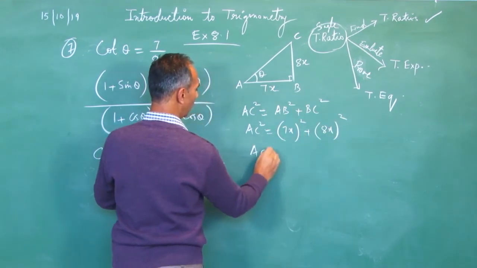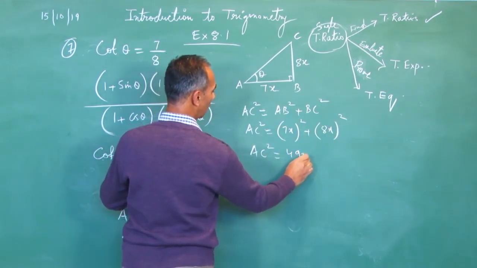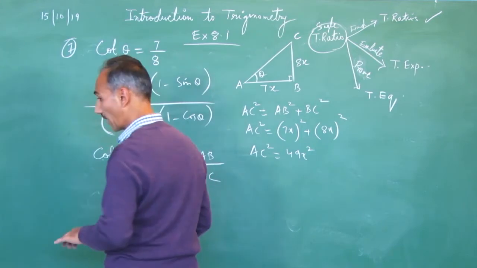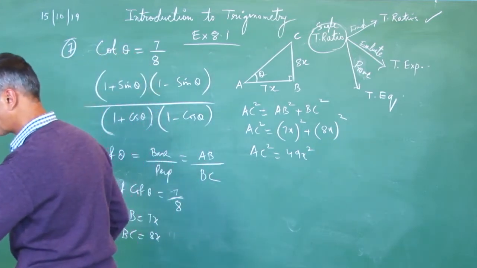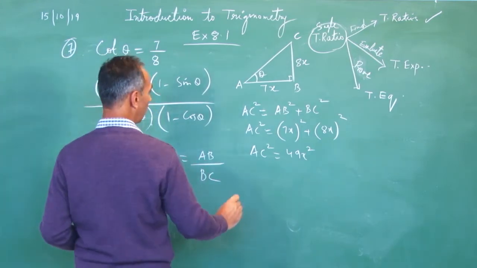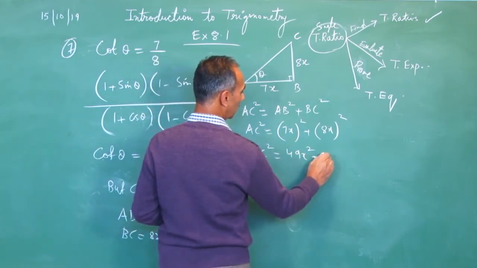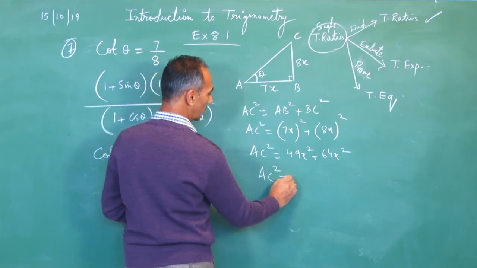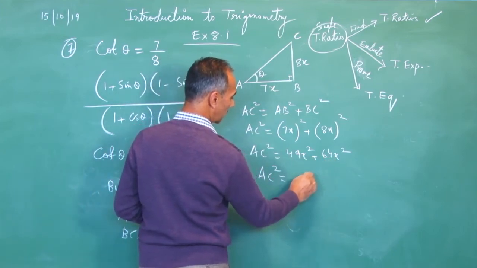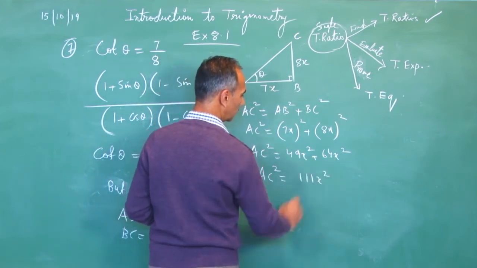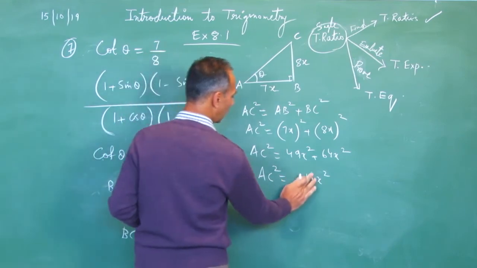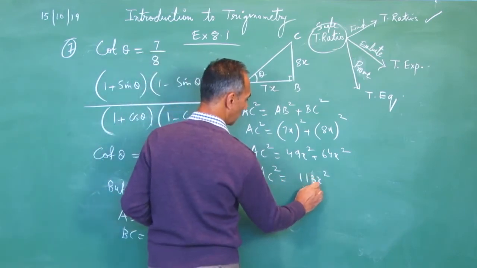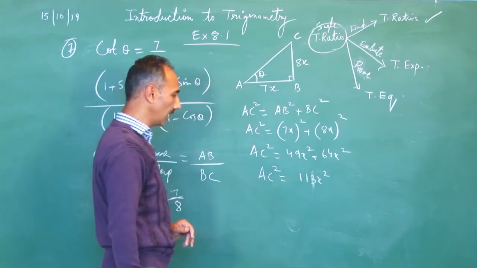Now AC square is 49x square plus 64x square. This is 113x square.